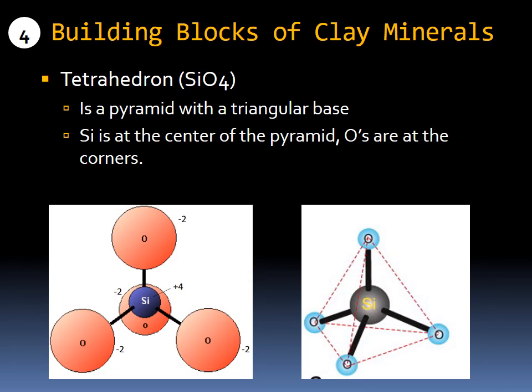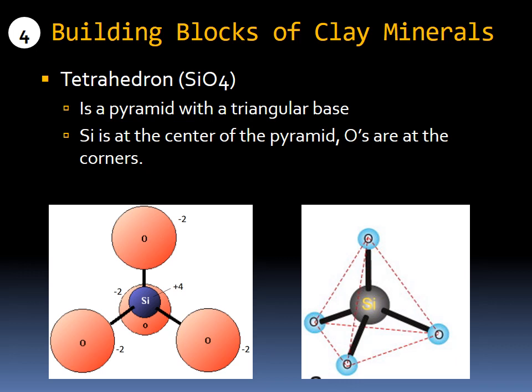Now let's dive deep inside the atomic structure of the clay and look at how it's really formed internally. Since we already mentioned that silicon is predominant and aluminum as well, we would find them at the central structure, the atomic structure of the clay. And there are basically two building blocks of the clay in the atomic structure.